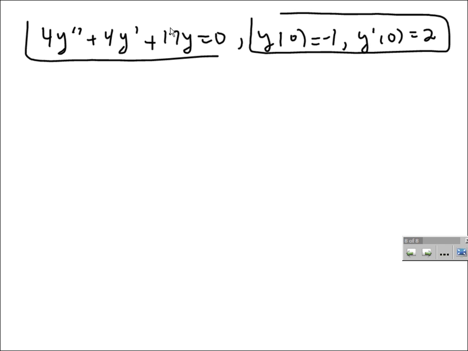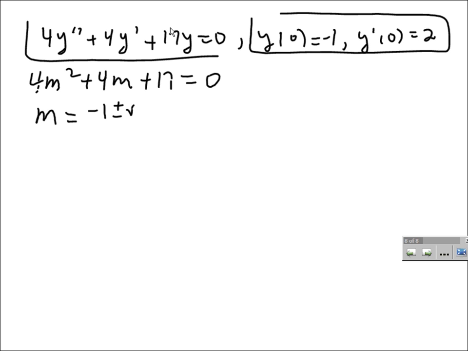And we get the auxiliary equation to be 4m squared plus 4m plus 17 equal to 0. And if you actually solve for this, you'd get that m is equal to negative 1 plus or minus the square root of negative 16 over 2, but negative 16 is the same as 16 times negative 1, and only one of these two numbers is negative.